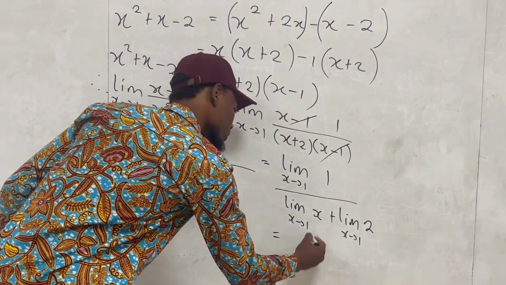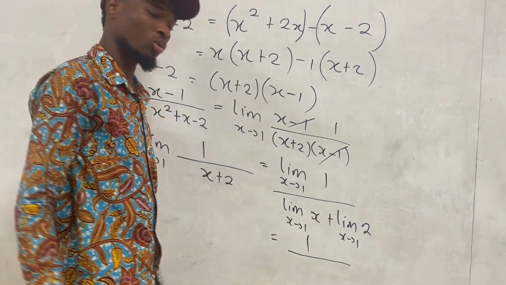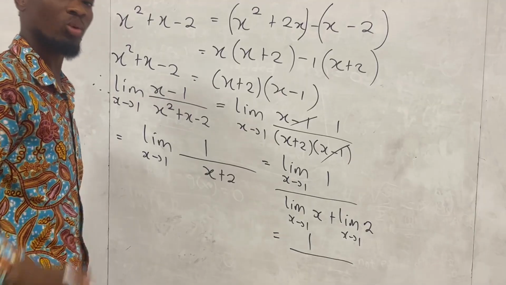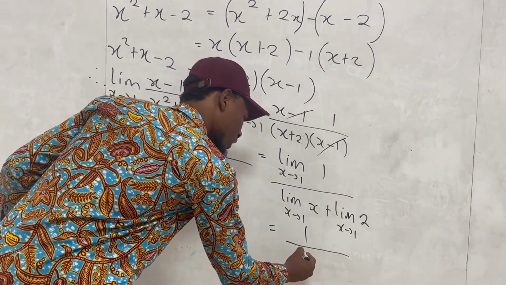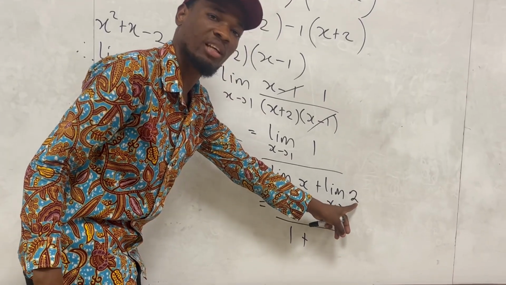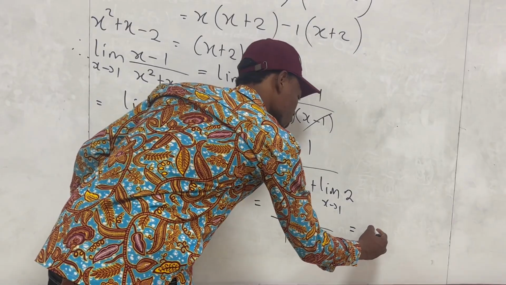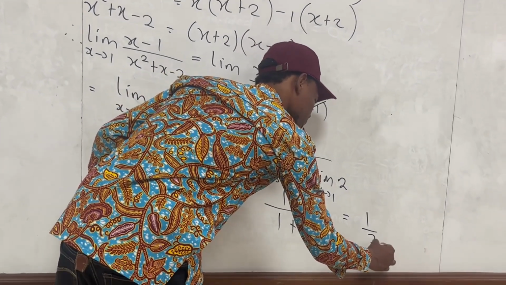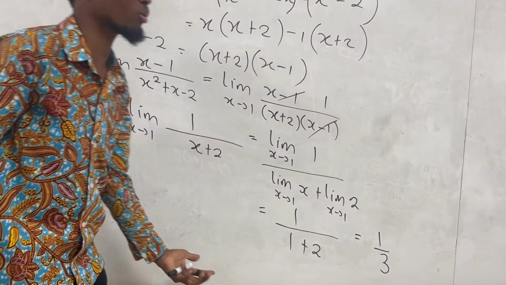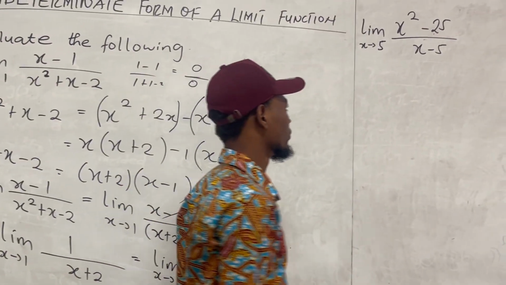So I have 1, then all over, wherever I see x, I put 1 there. So the limit of x as x approaches 1 is equal to 1. Then plus the limit of a constant is a constant, so I have 2. Therefore I have 1 over 3. As simple as that. Let's consider the second one.